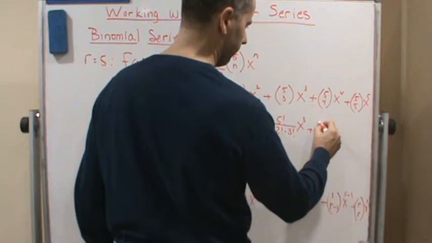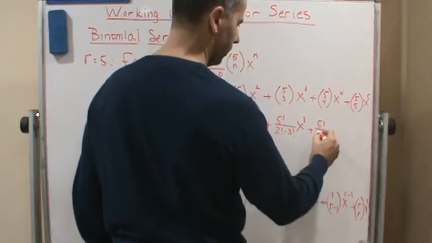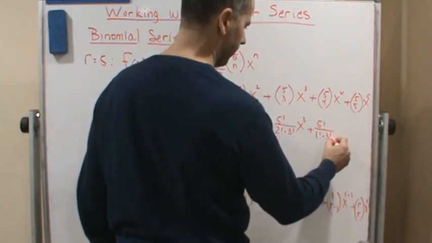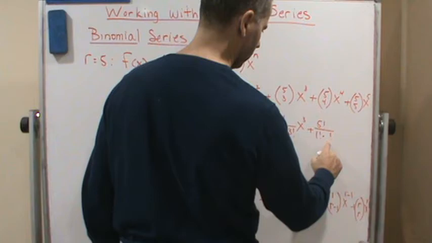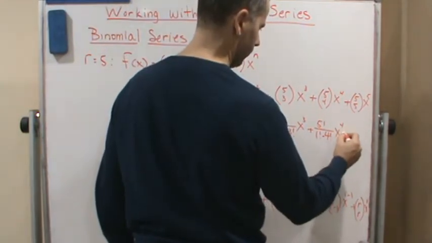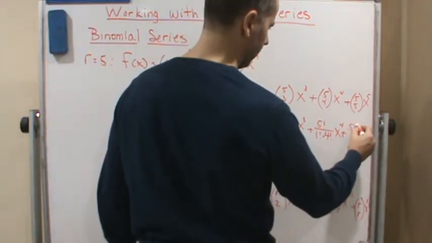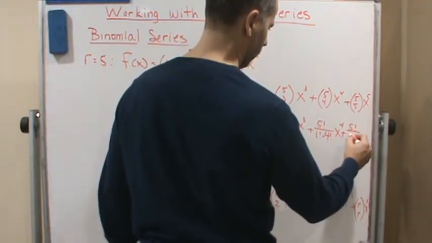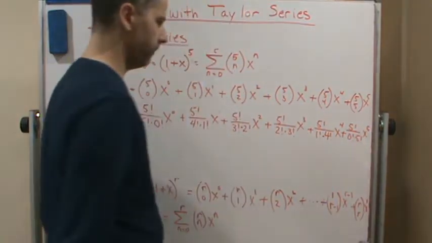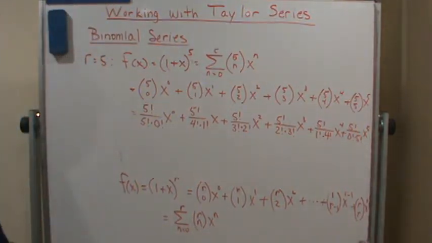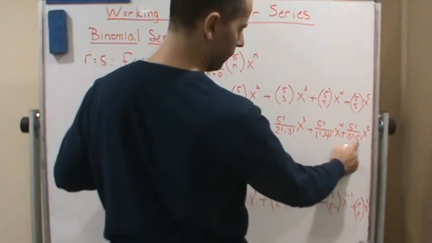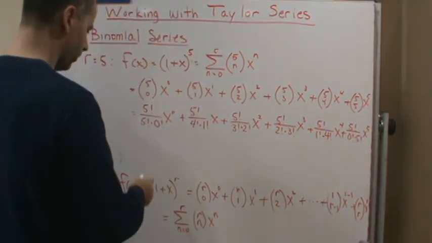And this is going to be 5 factorial over 1 factorial times 4 factorial, x to the fourth, plus finally 5 factorial over 0 factorial times 5 factorial, x to the fifth. Okay, so now notice this is pretty much the same as this, except the two factors at the bottom are switched, right? So what does this become?